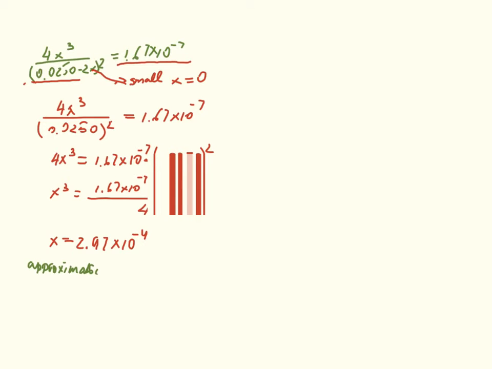It's going to be 2.97 times 10 to the power negative 4 divided by the initial concentration 0.025 times 100%, and this is 1.19%, which is less than the 5% assumption. Hence, our assumption is valid.